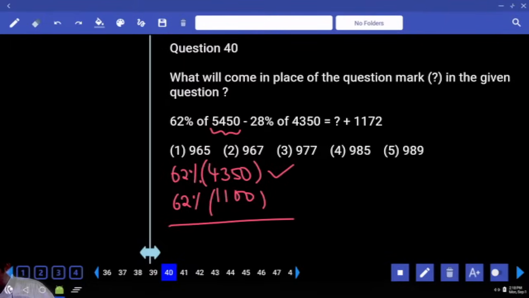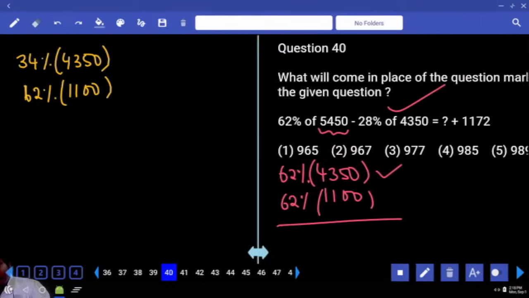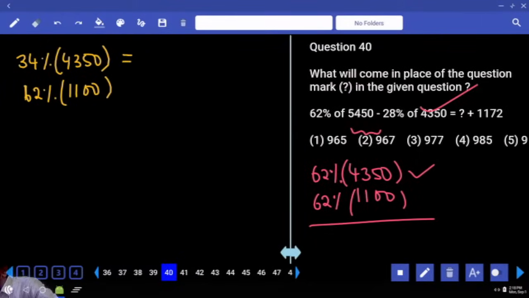62% of 4350 minus 28% of 4350 will be equal to 34% of 4350, plus the extra number, 62% of 1100. You got it? 34% is 30% plus 4%.